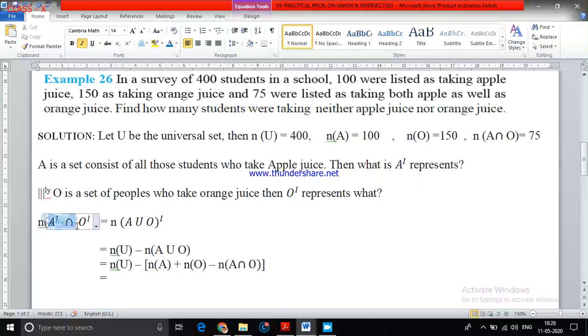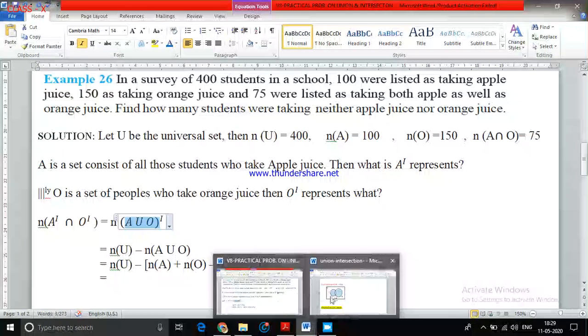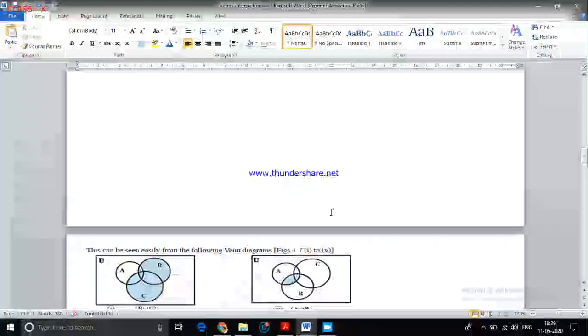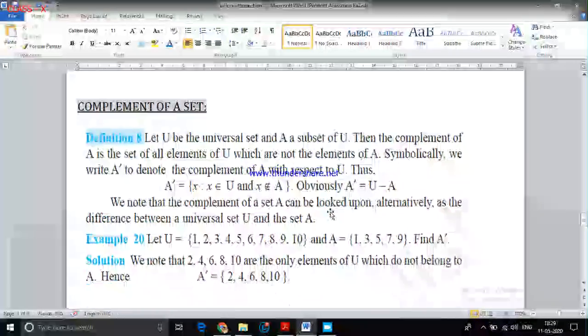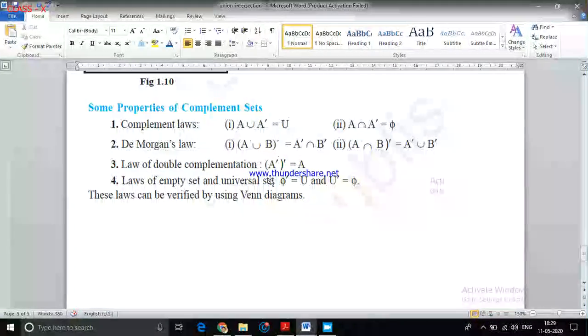If you remember our last class explanation, one of the properties of the complement we discussed: A complement intersection O complement will be equal to A union O whole complement. That was the formula which we discussed. Let me check whether you have it. Yes, these are the formulas which we discussed.